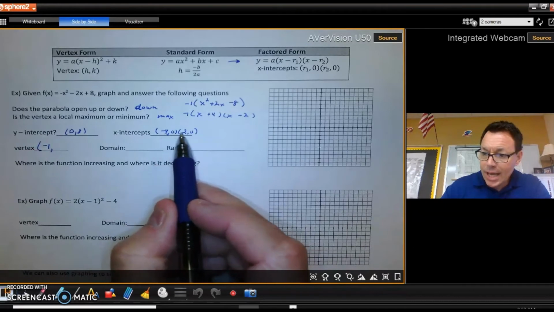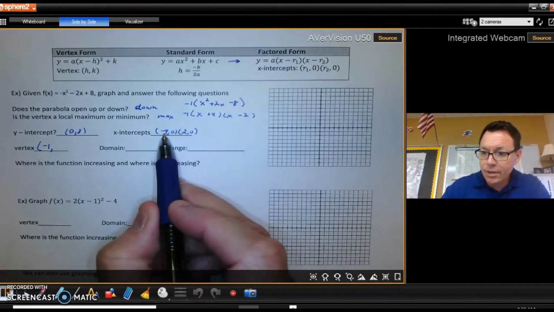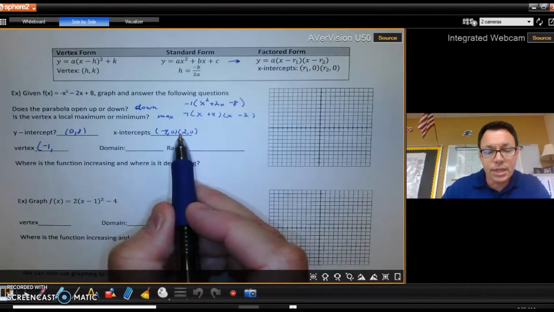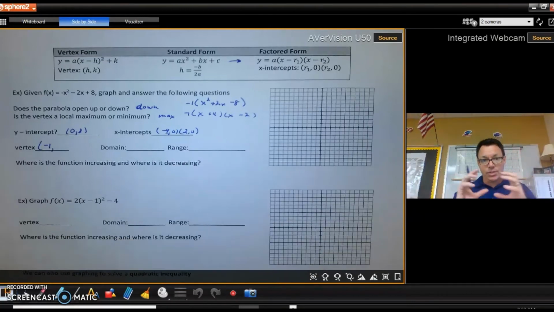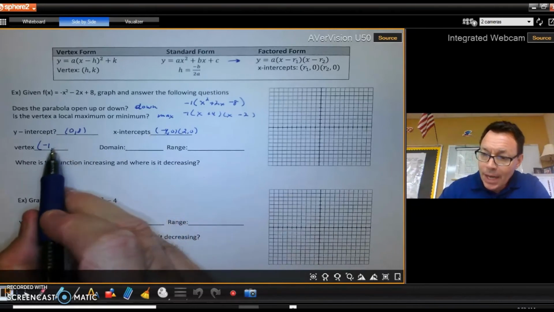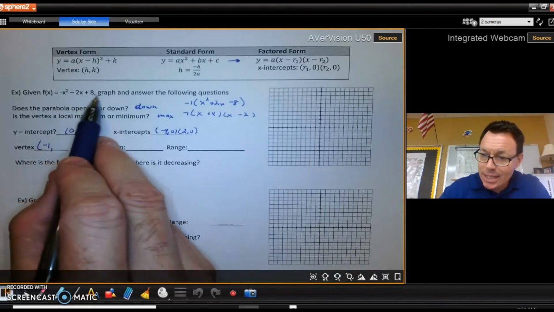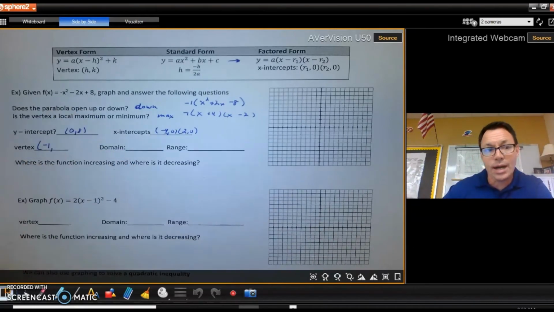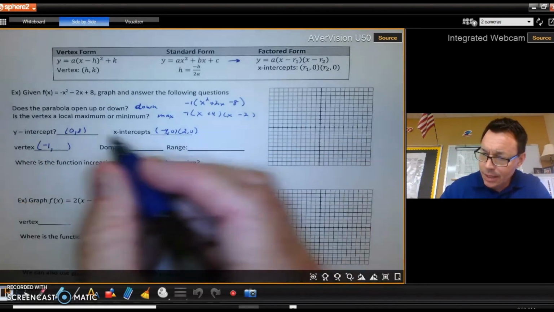We also could have just added these two together. -4 plus 2 is -2, and divided by 2. Average your x-intercepts, and you'll find that x-coordinate of your vertex. Now, I need to plug that -1 into this equation to figure out the y value of the vertex. All right, where would be a good place to do that?